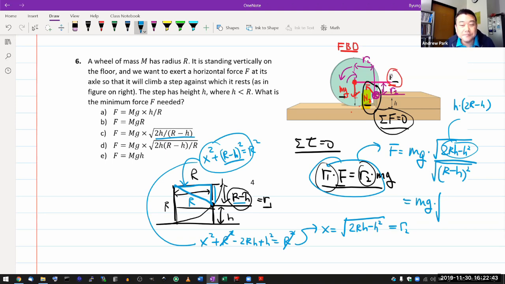So anyways, I think the correct answer is just going to be H times 2R minus H divided by (R minus H) squared, and the whole thing square rooted if you want. But it won't simplify the way I wanted it to.